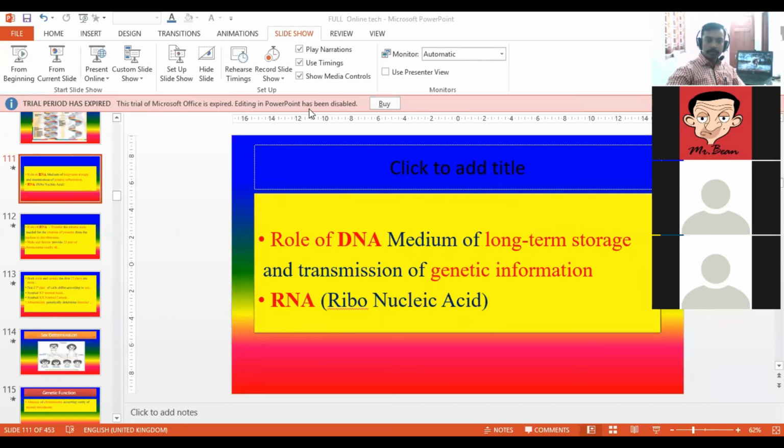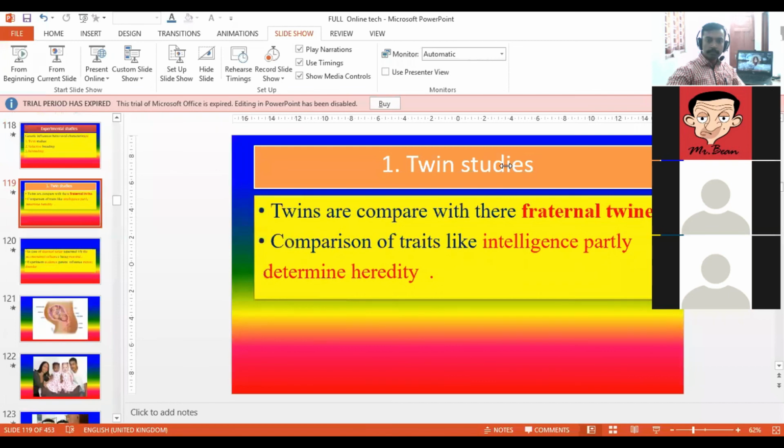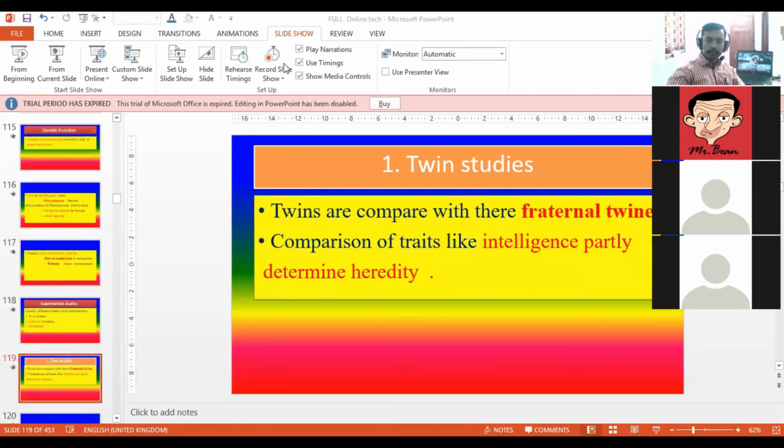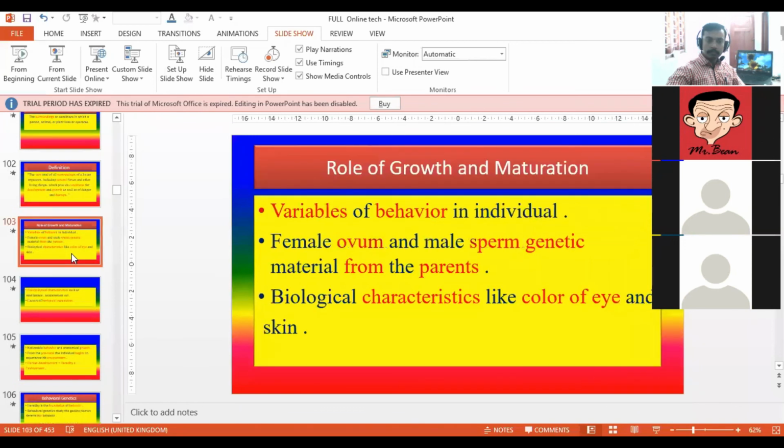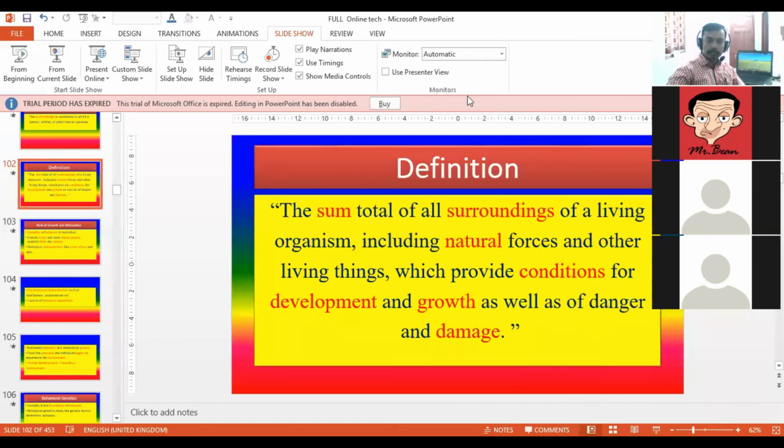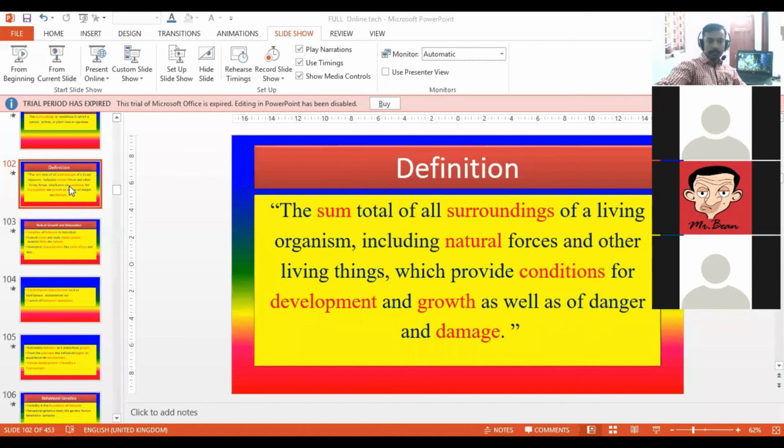Abarna GS. Anu M. Suresh. Yes, sir. Can you define environment?